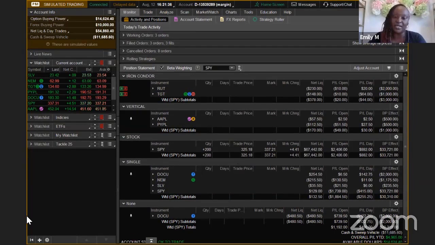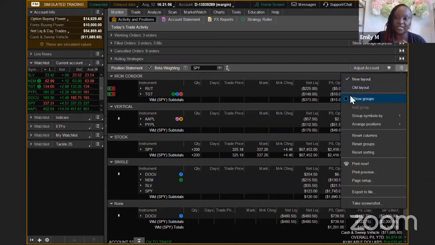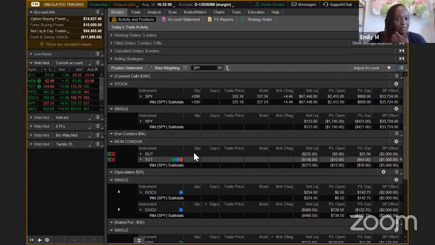But I told you guys that I like to take my account a little bit further by categorizing it based on how much capital I have allocated to each strategy. So check this out. I don't know if you guys know how you can do this, but I already have some set up, so I'm going to click this and say show groups. When I show it in groups, it shows you how I have them categorized.